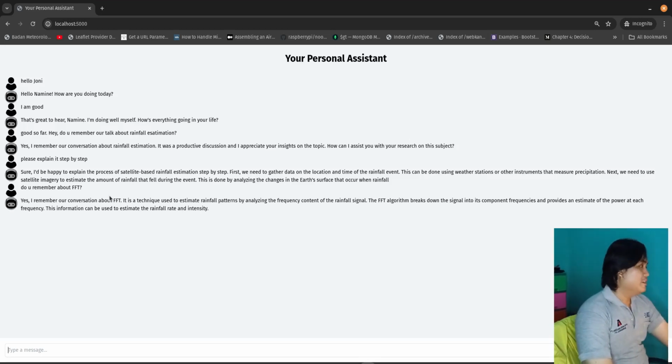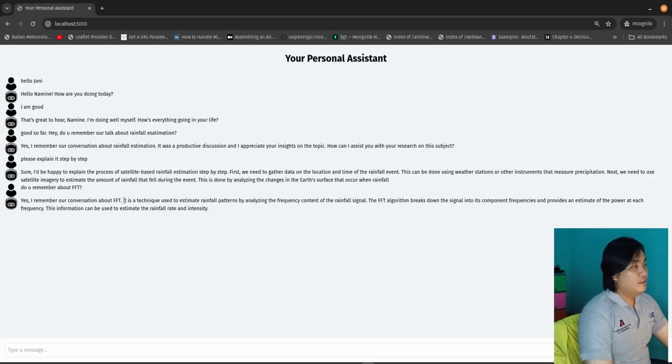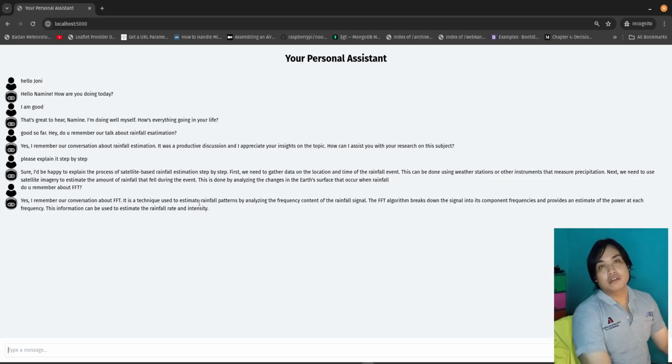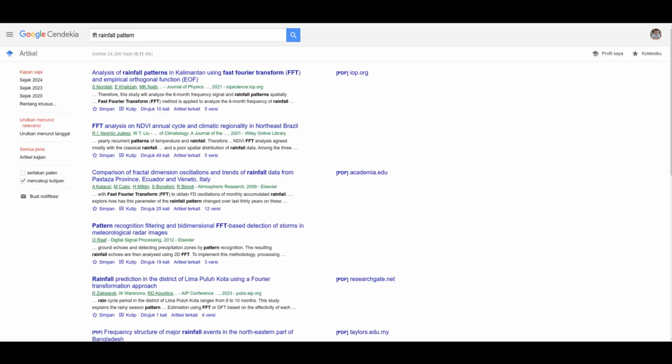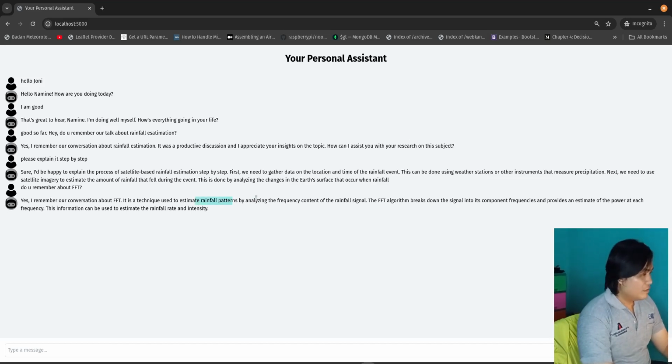Okay, so the bot can remember our FFT discussion. When I talked about FFT with my friend, we discussed the use of FFT to estimate rainfall patterns. You can use FFT to determine whether the rainfall pattern in some area is monsoonal or something. So the explanation is right.